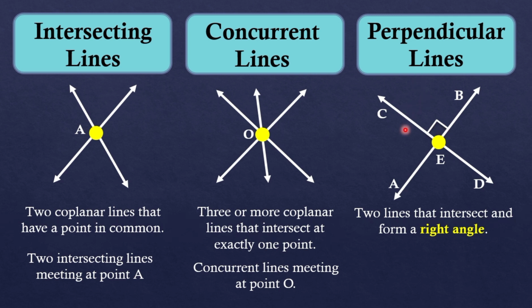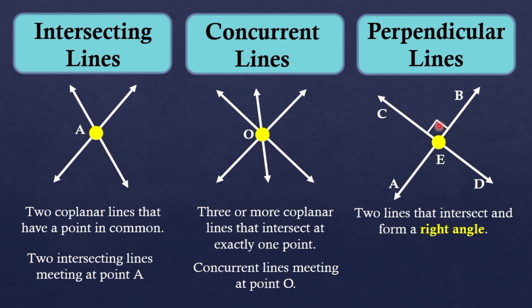So, yun ang special sa kanya compare dito sa dalawa. So, these two are just intersecting lines, while perpendicular lines are intersecting lines that form right angle. So, nakakabuo po siya ng right angle. So, pag sinabi nating right angle, ibig sabihin, ang measure po nito is 90 degrees.